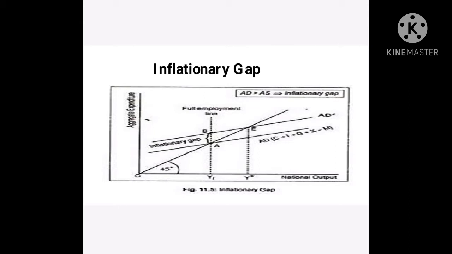Now take the demand side. Suppose that the money income paid to various factors of production is rupees 1000 crores. If out of this money income the government takes away rupees 100 crores by way of taxes, the total disposable income left with the people will be rupees 900 crores.